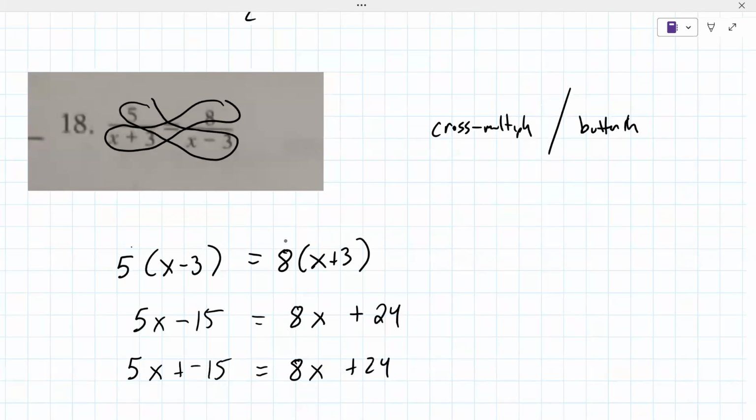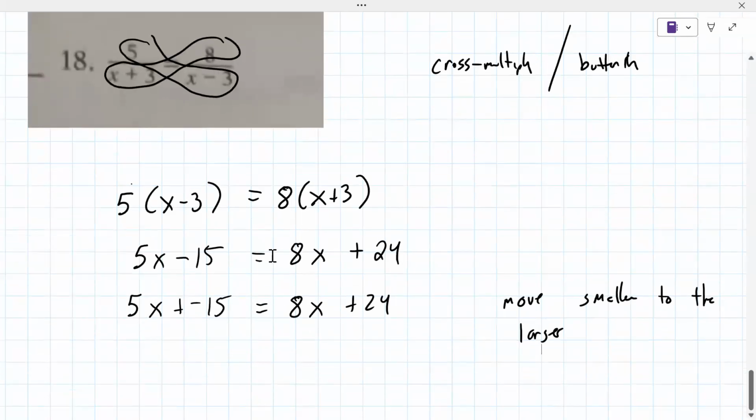Okay. So now to solve, you move from the smaller to the larger. I don't think I quite remember how to solve. So which is smaller, the 5x or the 8x? 5x.